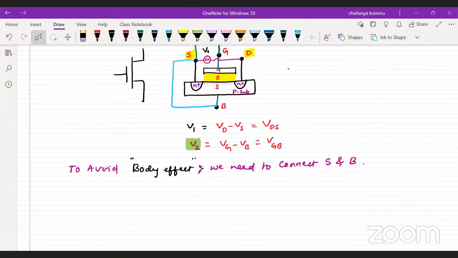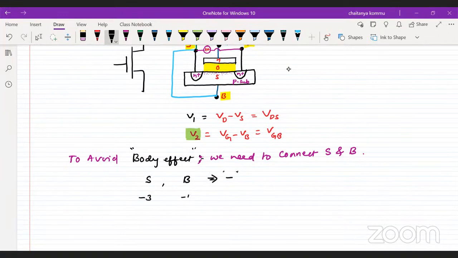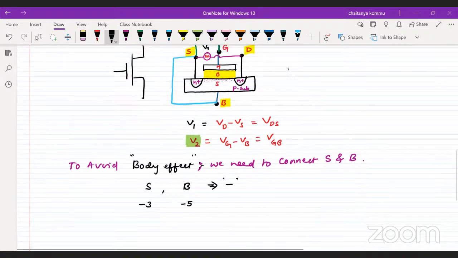Both source and bulk are at negative potential only, because we connect the negative terminal there. But there may be a possibility of different negative values, for example -3 and -5. There is a difference between these two, agreed?